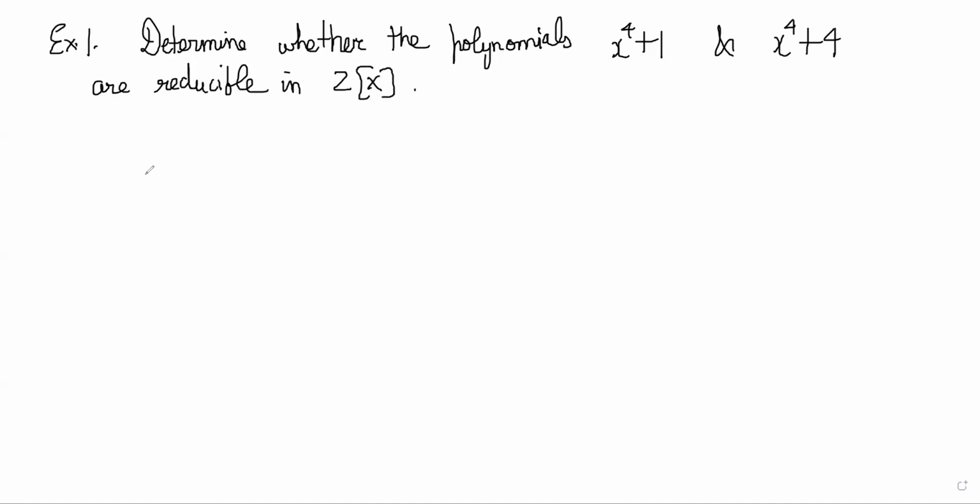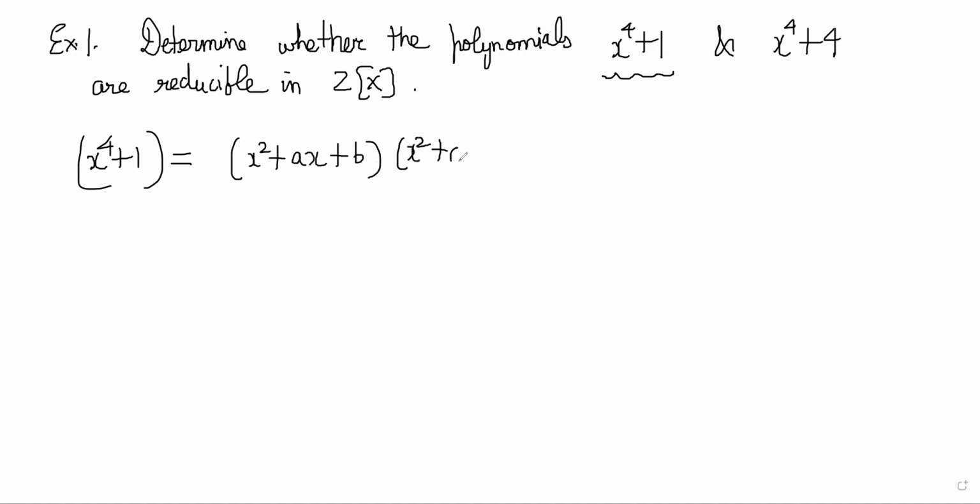Okay, so we can think of this x power 4 plus 1. If it is reducible, you will want to have possibly quadratic factors for it, right? You could possibly make quadratic factors like this, x square plus cx plus d.